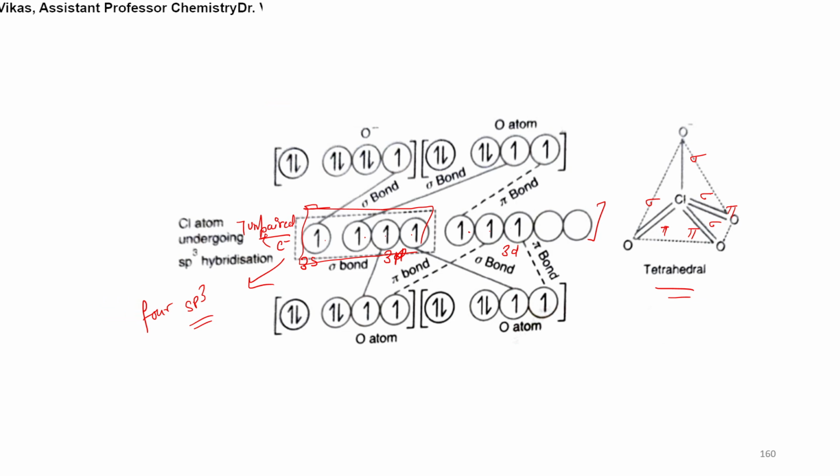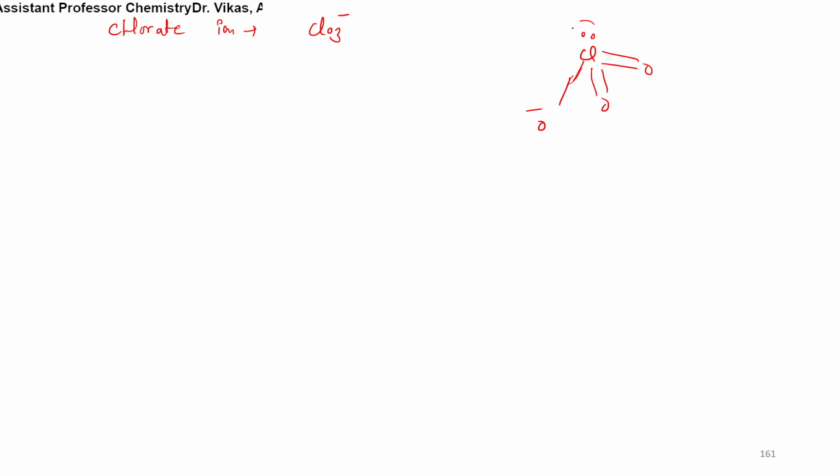Next, in the continuity of the perchlorate ion, let's see the structure of the chlorate ion. ClO3 negative ion. Chlorine, oxygen, double bond, double bond, and there is one lone pair here.